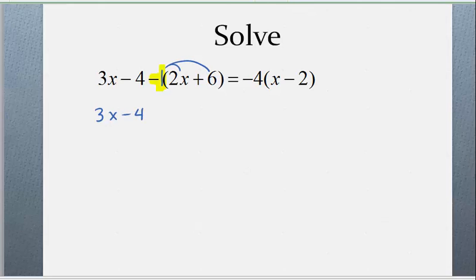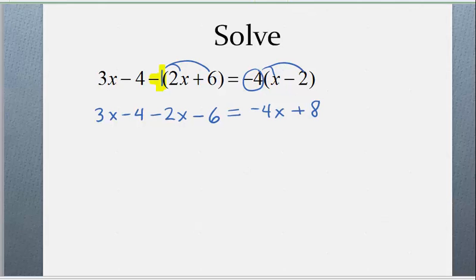For my distribution, I'm going to have a minus 2x, and then negative 1 times positive 6 is a negative 6. And on my right side, I need to make sure that I distribute that negative 4 through. So negative 4 times x is negative 4x. Negative 4 times negative 2 is a positive 8.